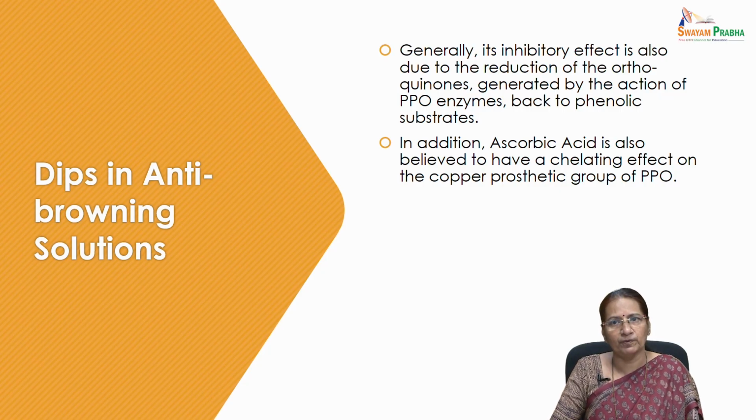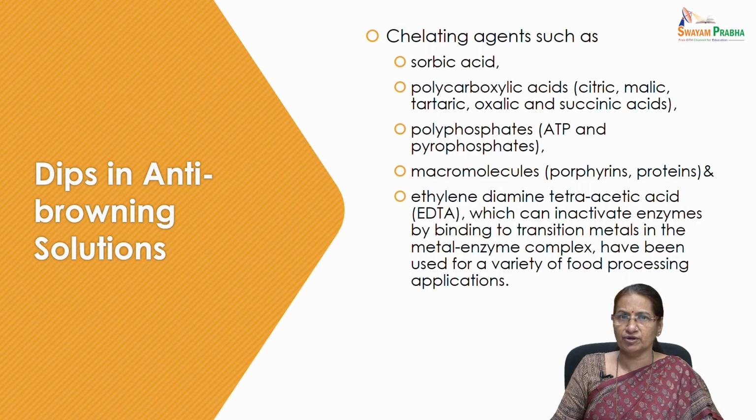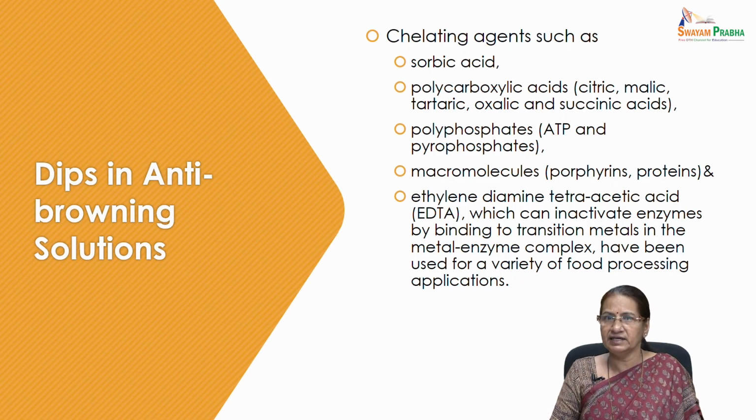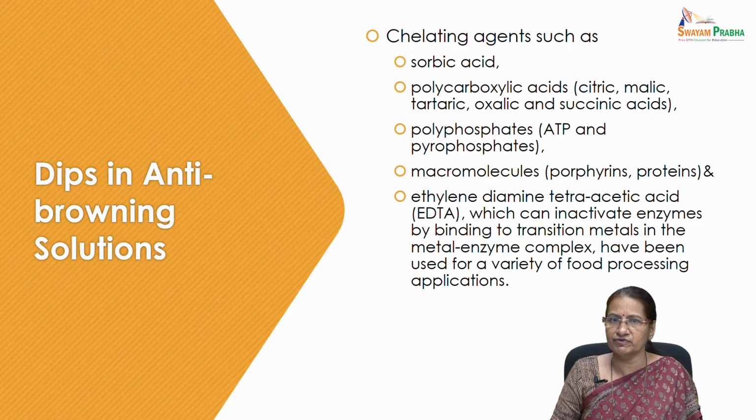In addition, ascorbic acid is also believed to have a chelating effect on the copper prosthetic group of PPO. Chelating agents such as sorbic acid, polycarboxylic acids like citric, malic, tartaric, oxalic, and succinic acids, polyphosphates like ATP and pyrophosphates, macromolecules like porphyrins, proteins, and ethylene diamine tetraacetic acid, that is EDTA, which can inactivate enzymes by binding to transition metals in the metal enzyme complex, have been used for a variety of food processing applications.